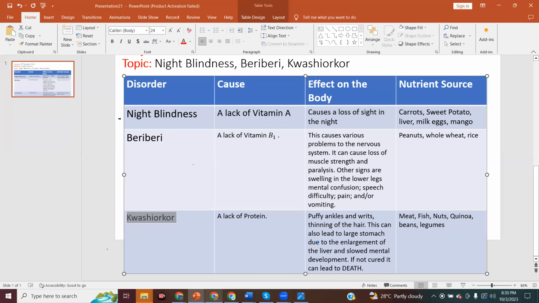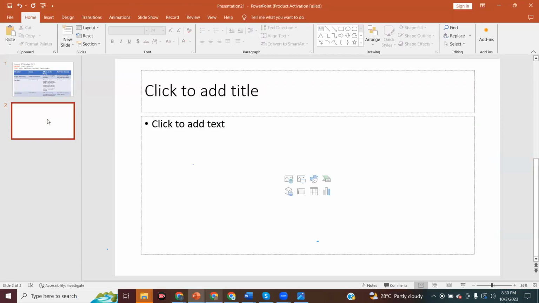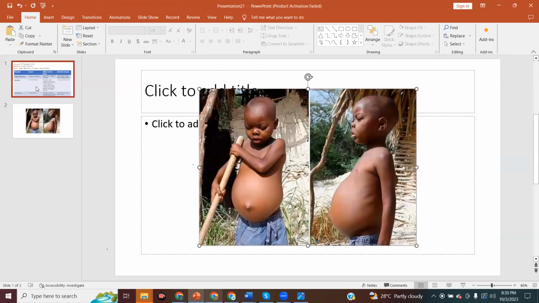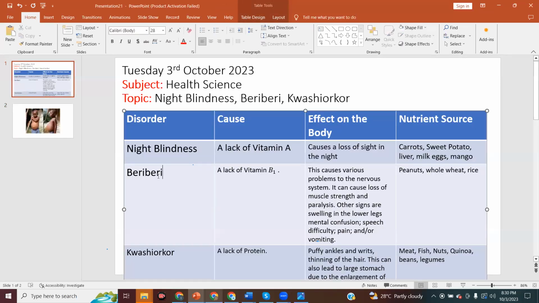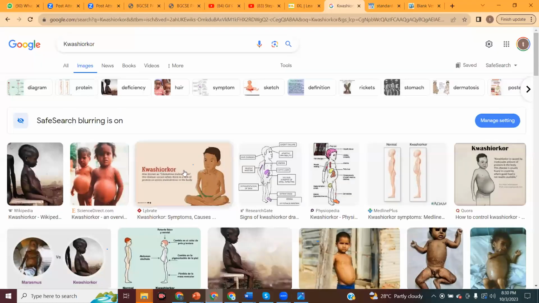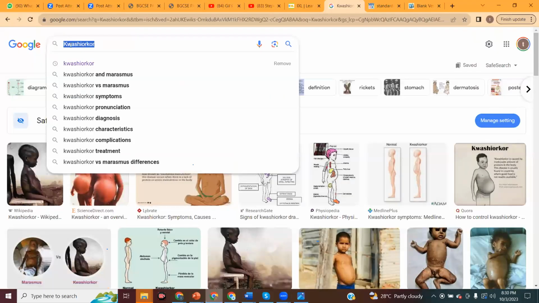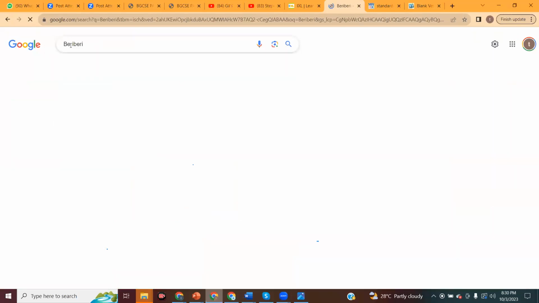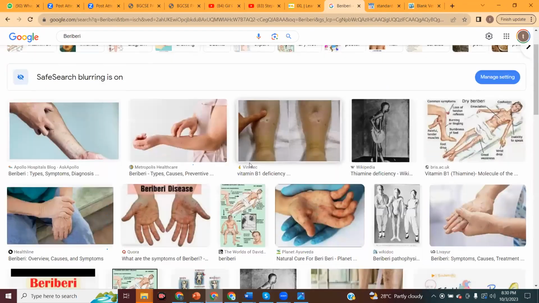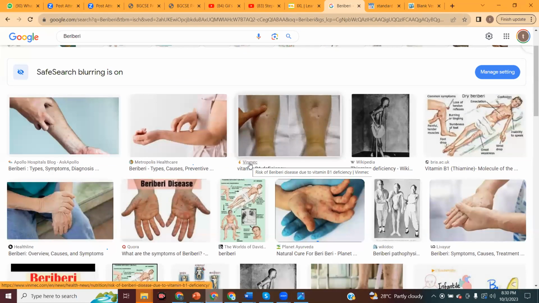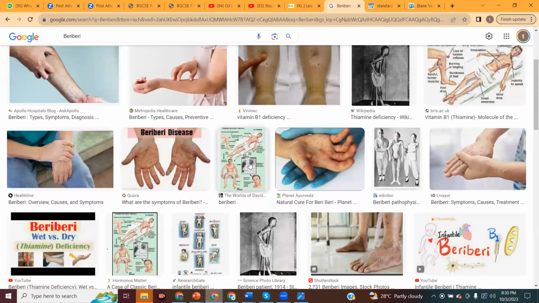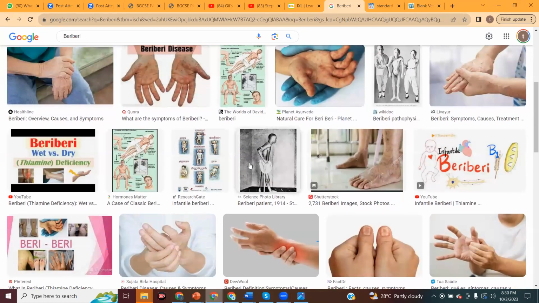Now that's kwashiorkor. Now the next one is beriberi. With that one, you can be paralyzed and stuff like that. It causes paralysis. You might end up with confusion.